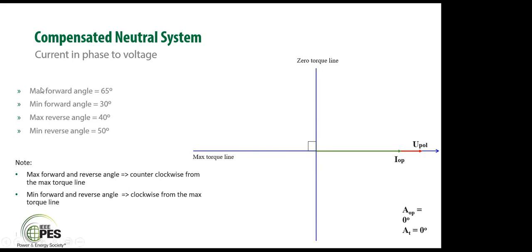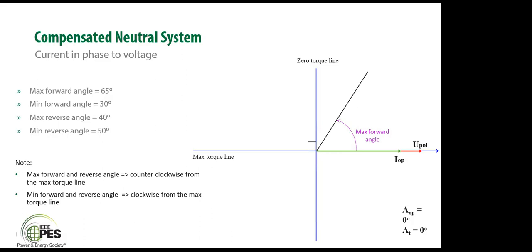Now we have to see the maximum forward angle and minimum forward angle. The maximum forward angle is given as 65 degrees, counterclockwise from the maximum torque line, so counterclockwise 65 degrees from the maximum torque line we get the maximum forward line.